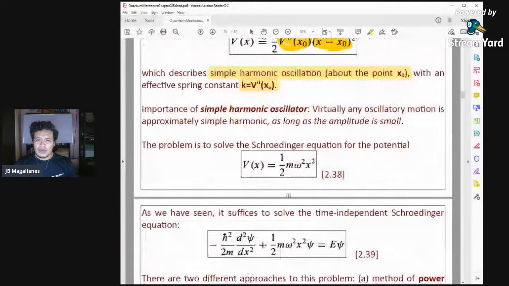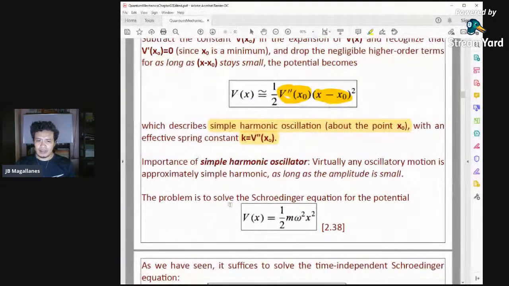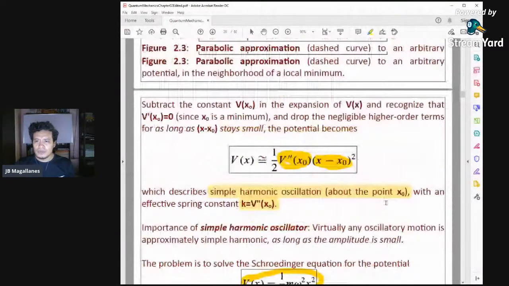But we can write this. According to this, this is just 1/2 m omega squared x squared.